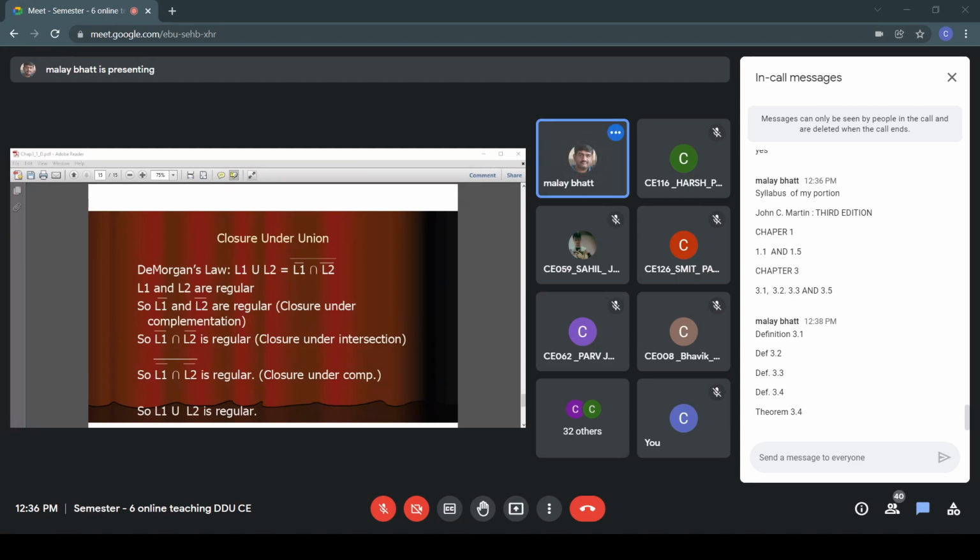And as you know, it will be in descriptive mode for this subject. If you have any query regarding chapter 3 or chapter 1, you can write it in the chat window, because later on if you raise any query, it will be difficult to answer, and it is difficult to communicate to all.